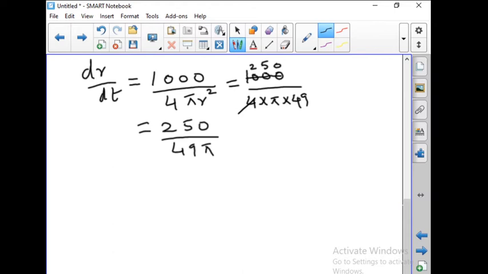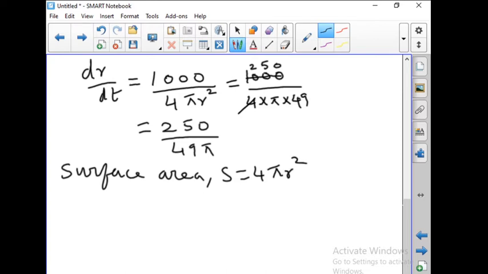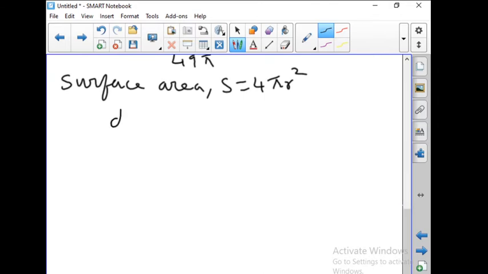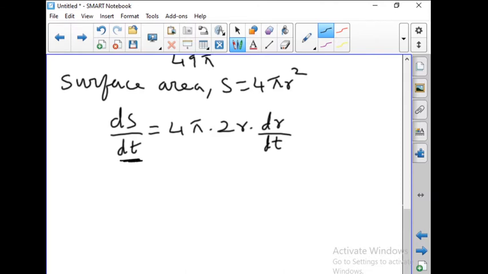Now the surface area. What is the formula? If S is the surface area of the balloon, then S is equal to 4 pi r square. Again in the same way, differentiate this. dS by dt is equal to 4 pi into 2r into dr by dt. See, the denominator is dt, that's why we cannot stop with 2r. If it were dr, we would stop with 2r.